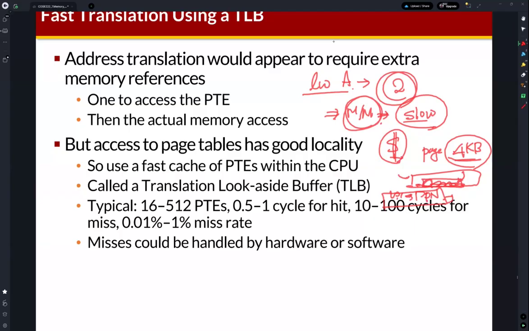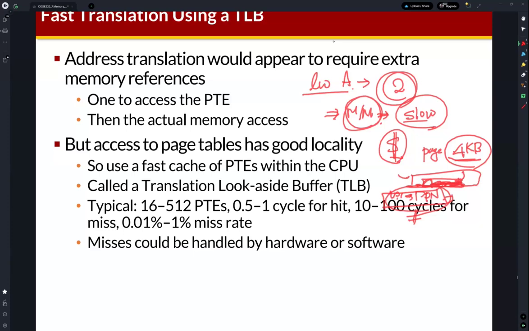The same information will be used again and again, so actually it's temporal locality, right? So we can apply the cache mechanism.